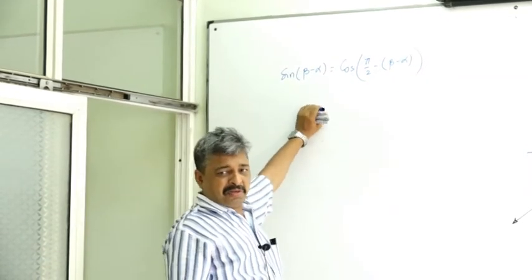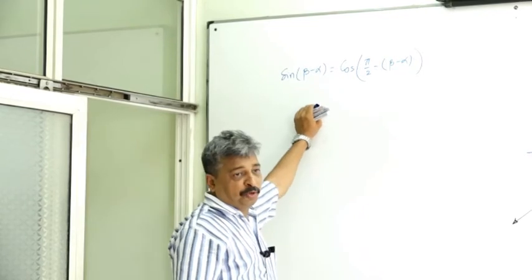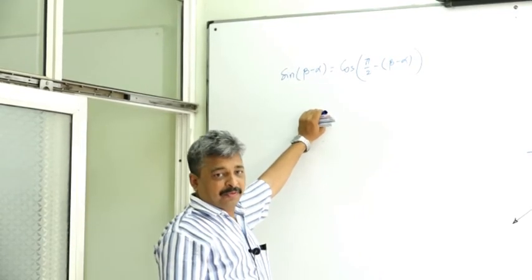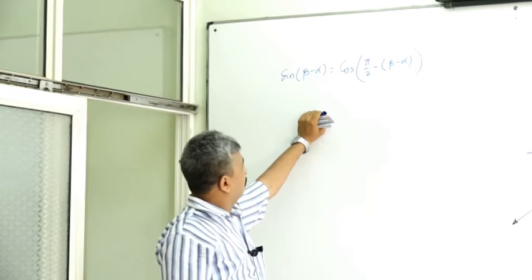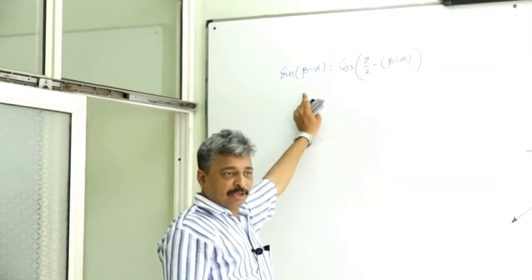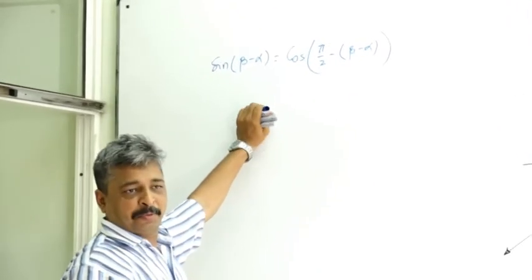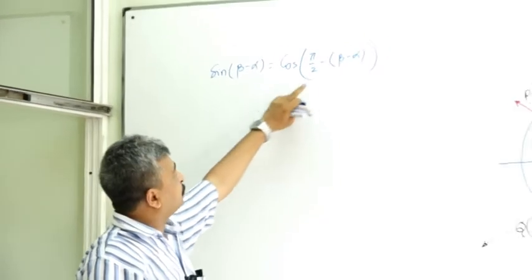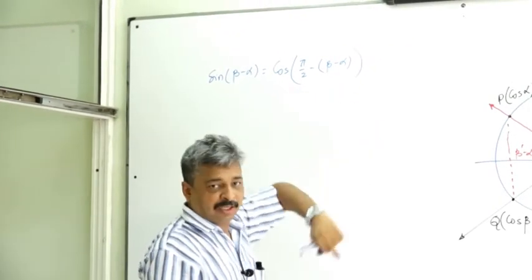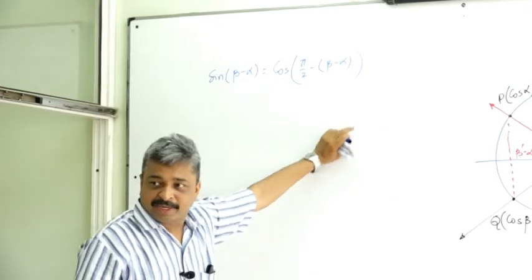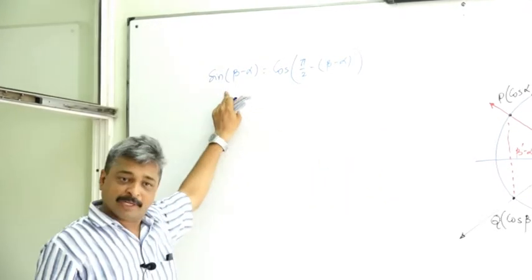Maybe we will check whether we are successful or not. Yes, you get sin(beta minus alpha) back. That is the problem. If we expand this using cos, we get sin(beta minus alpha), which is correct. Sin(beta minus alpha) is always equal to sin(beta minus alpha). But we were not interested in that.